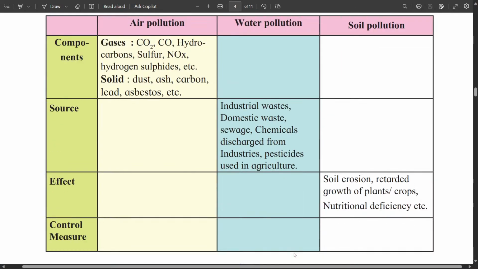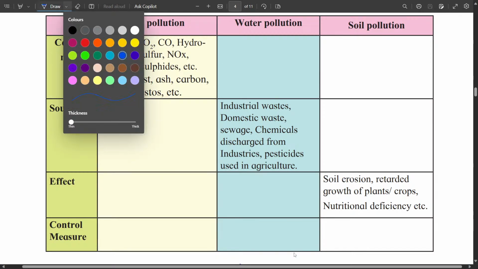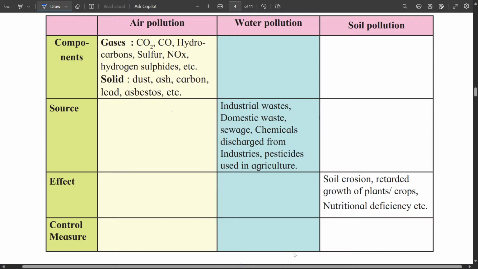In solid air pollutants, we have dust, ash, carbon, lead, asbestos, etc. Then what are the sources of this air pollution? Chemical factories which release gases in air. So chemical factories are sources. Then we have oil refineries, which cause air pollution.